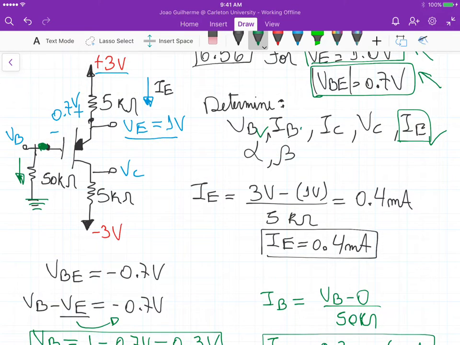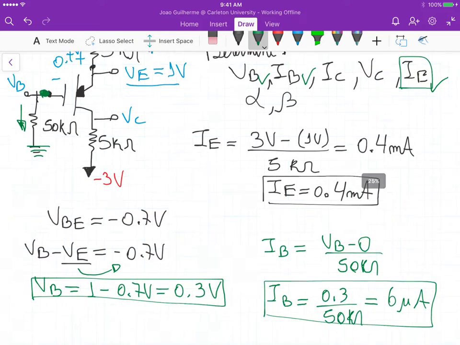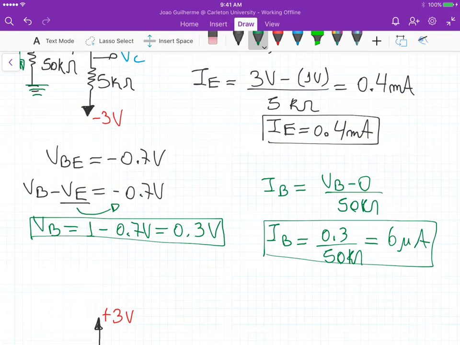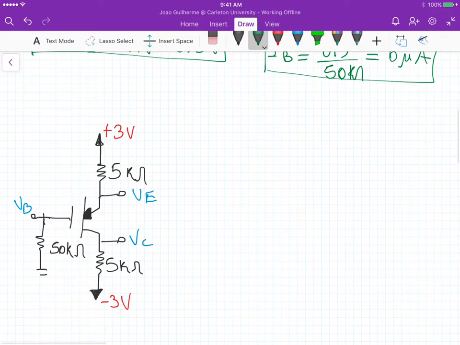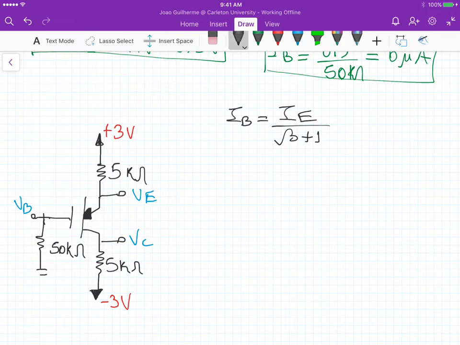So the base current is okay. Now, because we know the base current and we know the emitter current, and we are assuming active mode operation, we have another equation that basically gives us beta, right? Because IB is equal to the emitter current divided by beta plus 1.